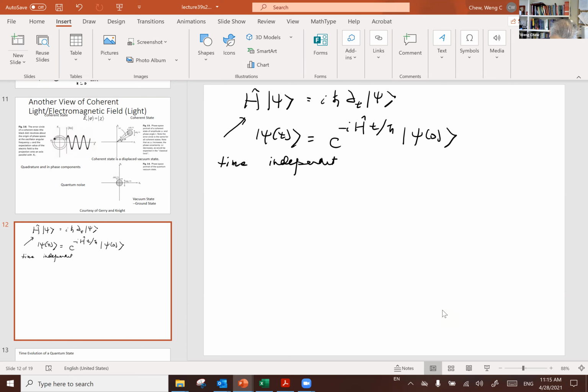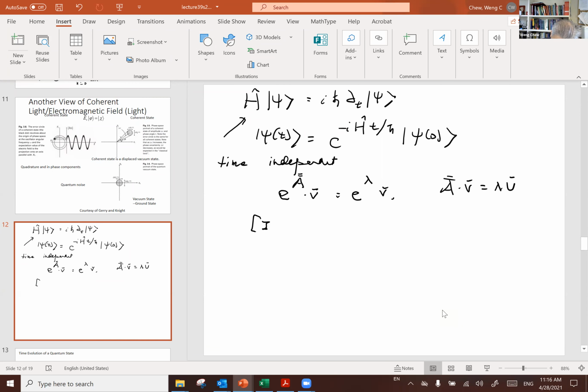Exponentiation of an operator has meaning only if this operator, like if I write it in this manner, e to the A, has meaning only if it acts on an eigenvector of A. Okay, you can show that this actually is the same as this, if V is an eigenvector of A. If you can show that this is true, you can actually expand this into a power series.